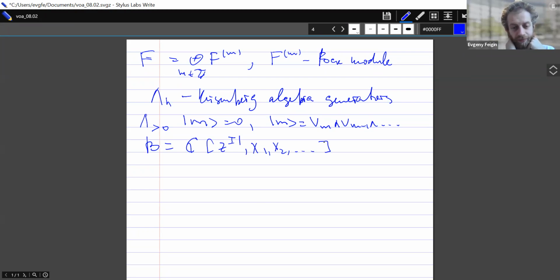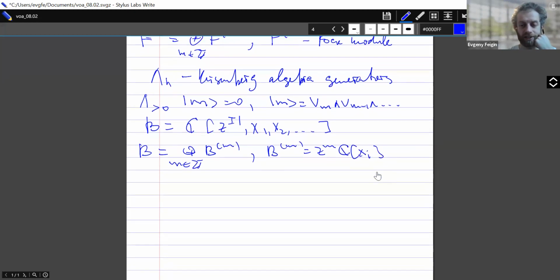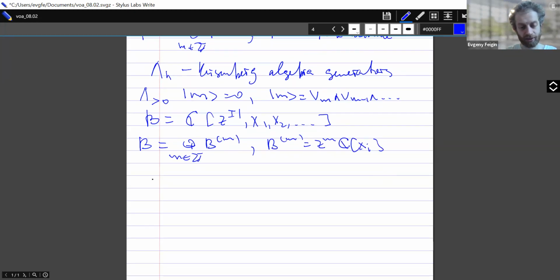And then this B is the direct sum of Bm, m being an integer, with Bm being Z to the m times polynomials in xi.